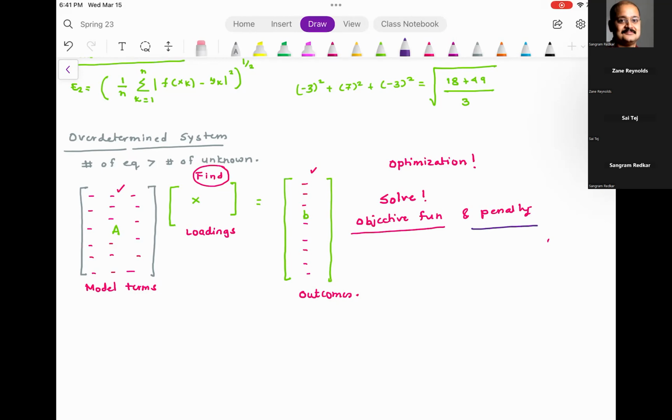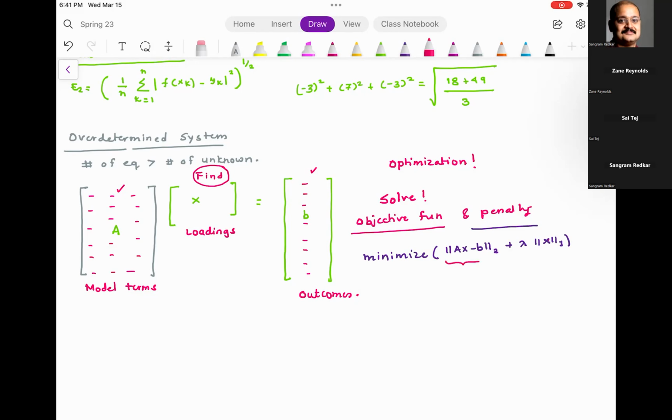And I'm going to define this objective function as minimize the norm of Ax minus b, and I'm going to use the L2 norm, which is the square of the distances, least squares, plus lambda multiplied by the norm of x. And believe you me, you can actually define this however you want.